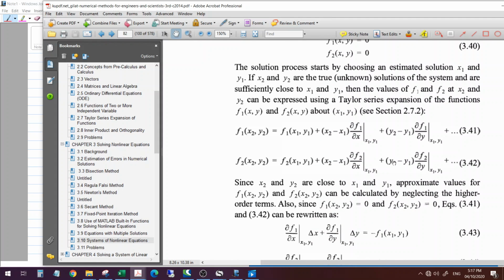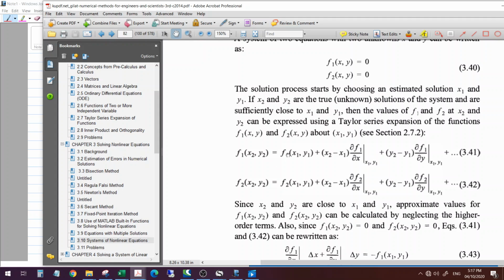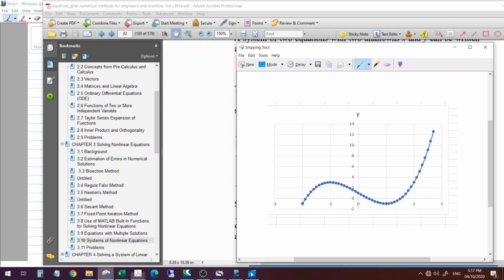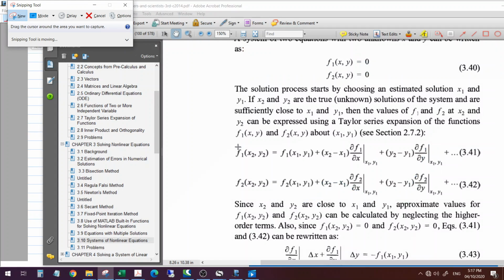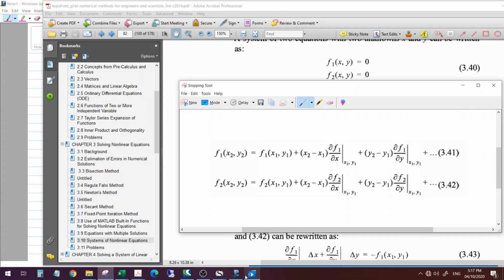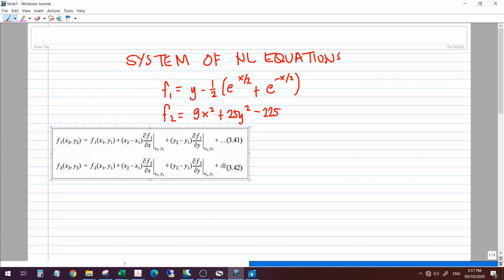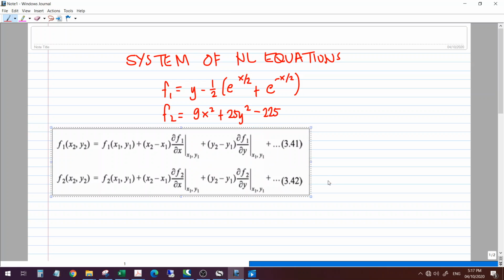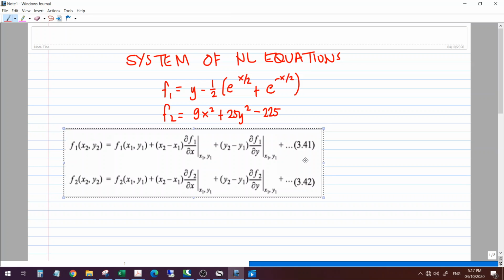It starts with, for a function with two variables, the Taylor series expansion is this. So I'll copy this. Last time we discussed Taylor series expansion in one variable, right?